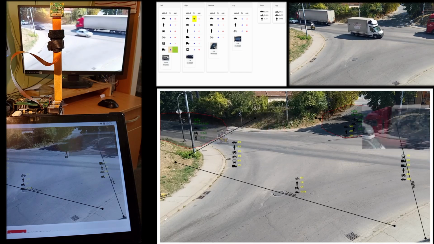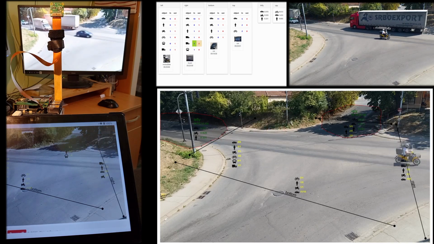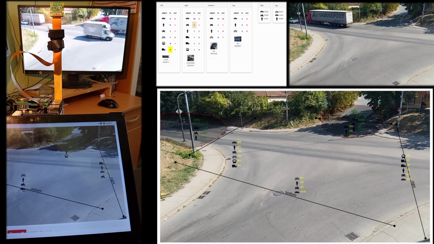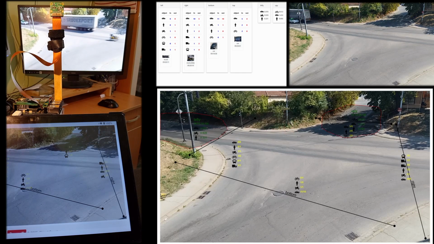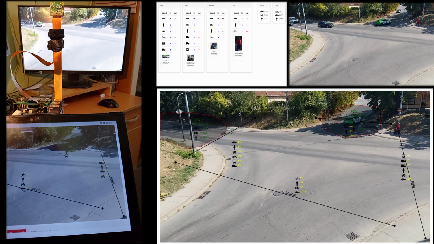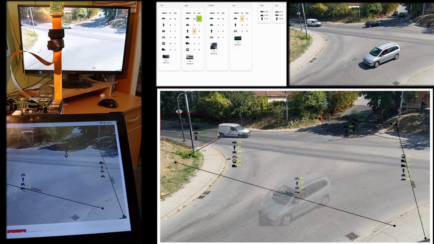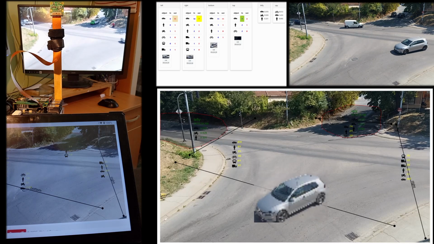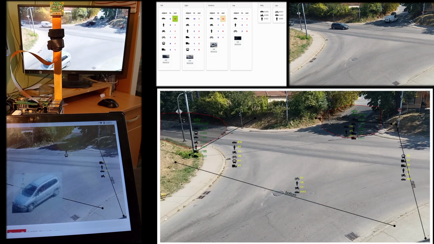Zones are interesting as statistical values of how long columns of cars or vehicles are staying in those particular zones, because the traffic is regulated with traffic lights.